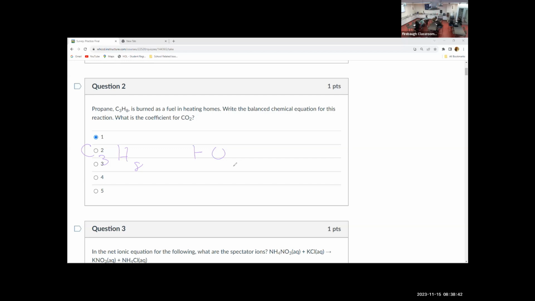And my other reactant was what? Was that my reactant or was that a product? What type of reaction is this? It's a combustion reaction. So we know a combustion reaction always requires what? It's not water. That's a product.